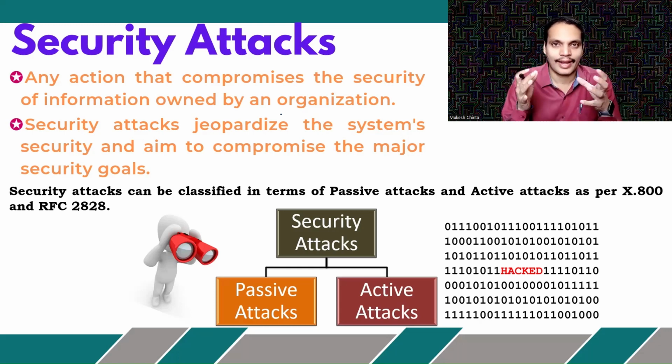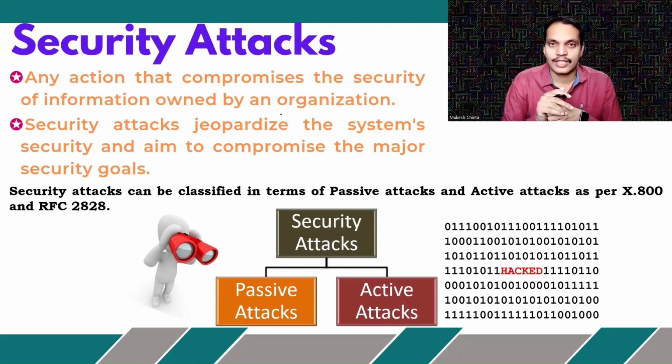So an action which has got a false intent behind it. And these attacks actually jeopardize the system's security and aim to compromise the major security goals as discussed before, the CIA triad, which is confidentiality, integrity, availability, and authenticity.